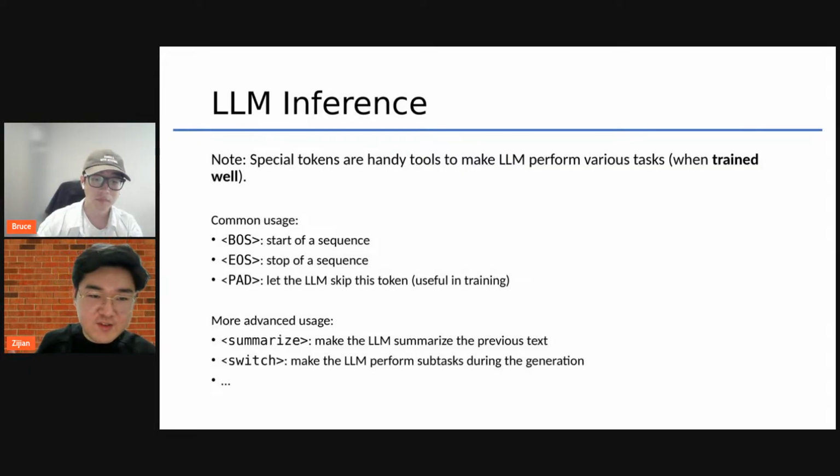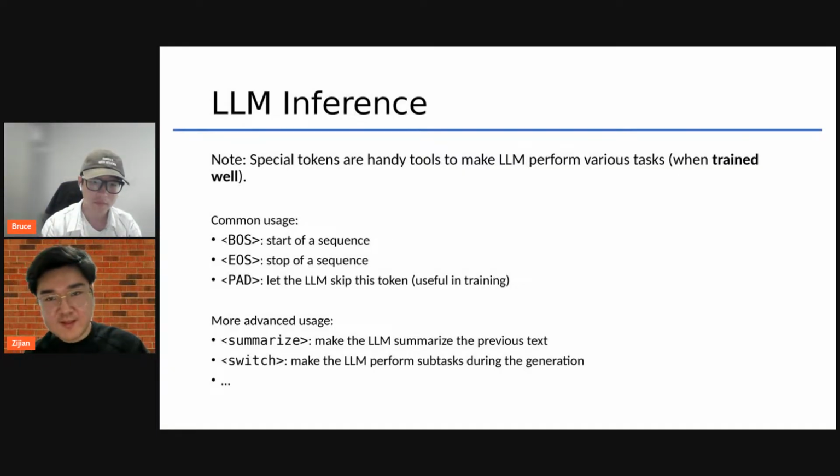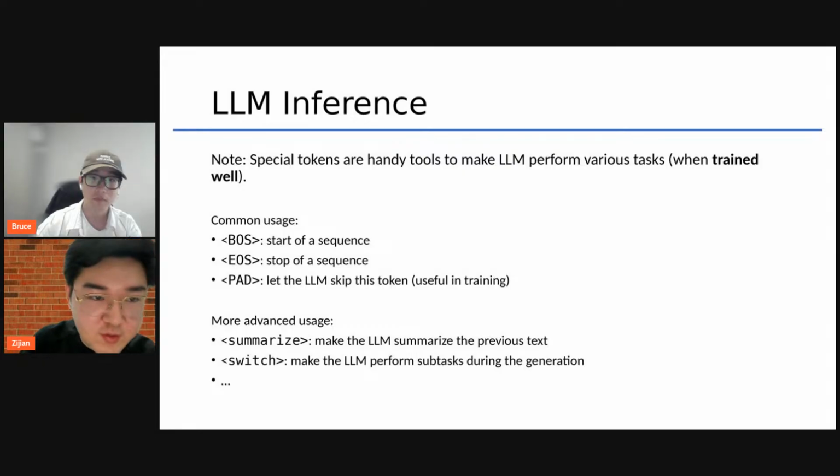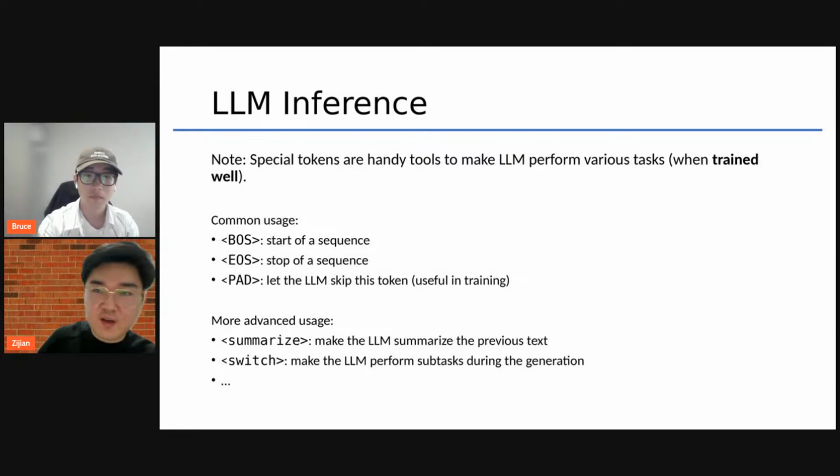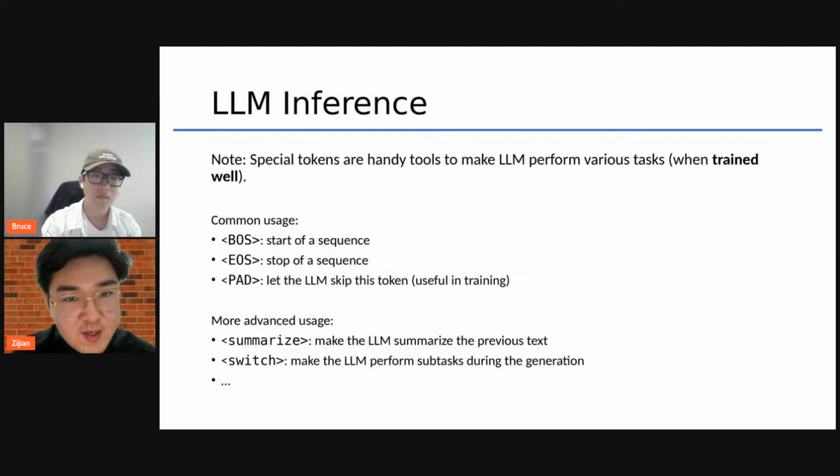They have also tried to use special tokens to make the LM switch between different subtasks. So this kind of usage tells us there is a lot of room for you to maneuver special tokens for all the things that you want.